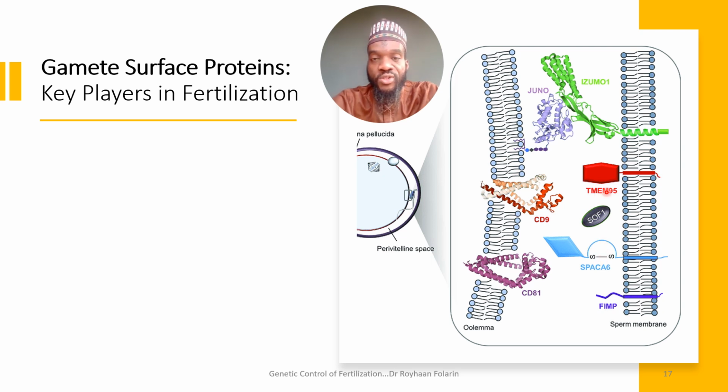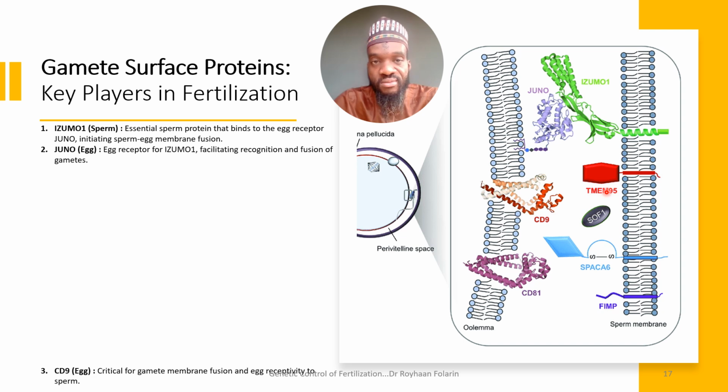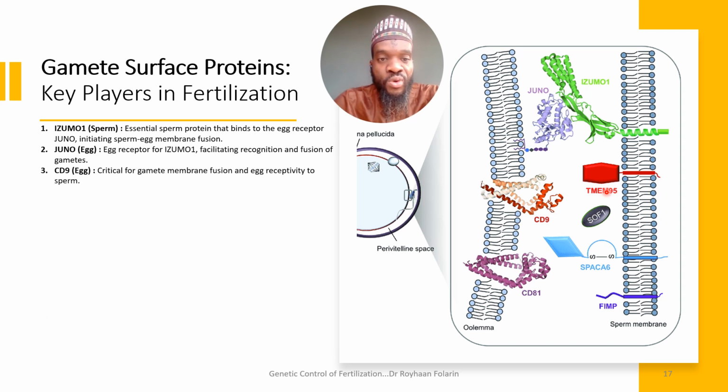So here is a list of these gamete surface proteins. Izumo 1 and Juno: the genes code for them, but you see they are not italicized here, so we are talking about the proteins now. So we understand the etymology of this now, where the names came from.